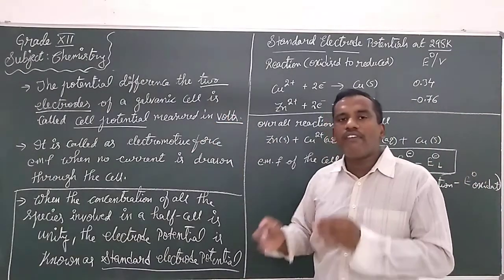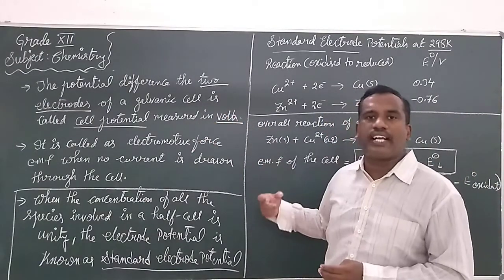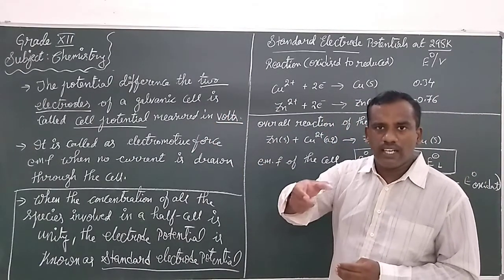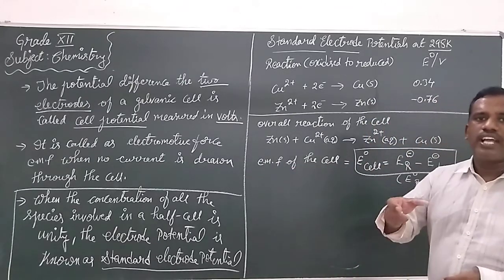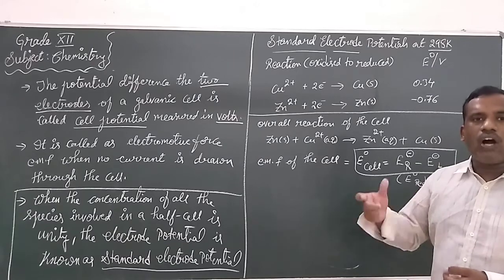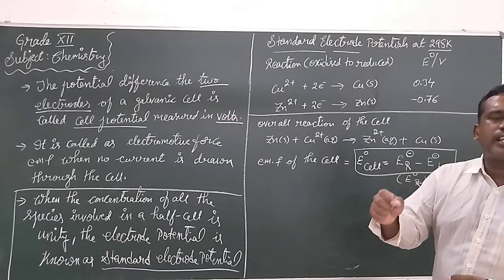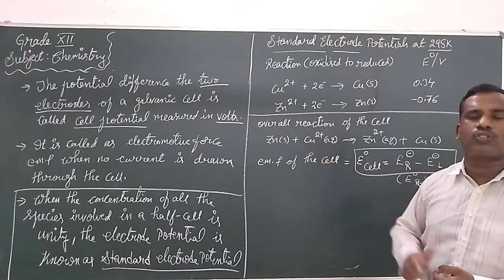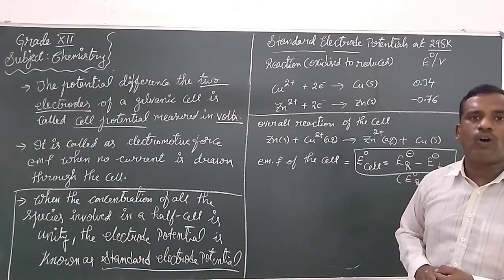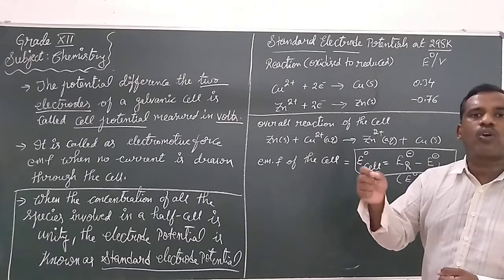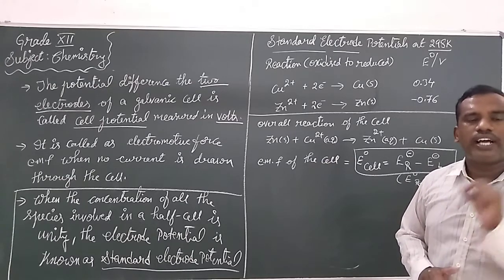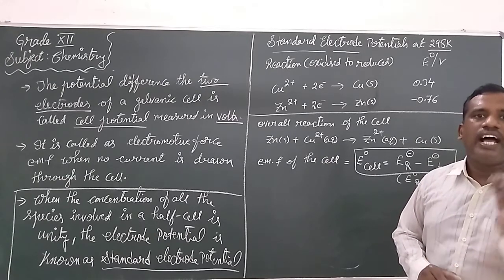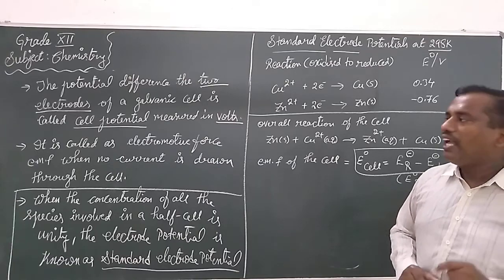Here, when we don't take out any current from the so-called Daniell cell or this galvanic cell, it is called the electromotive force of that cell. What is called the electromotive force of the cell? In short, it is also called the EMF.